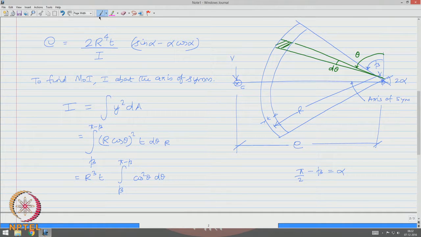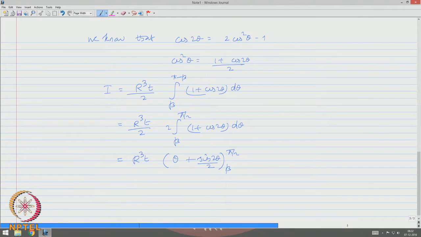So, since pi by 2 minus beta is alpha, using this relationship, we can now say I is r cubed t times theta plus sin 2 theta by 2, varying from beta to pi by 2.